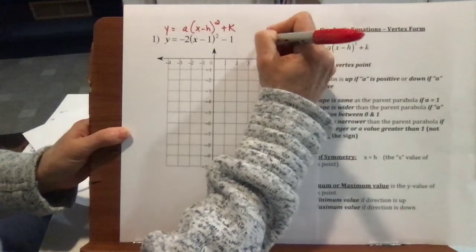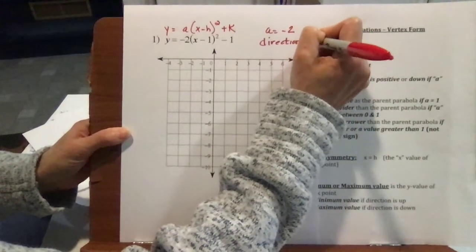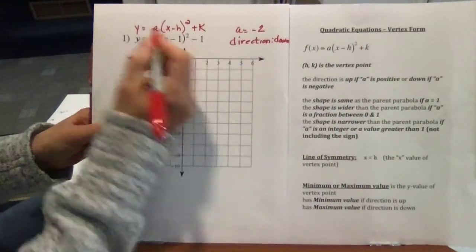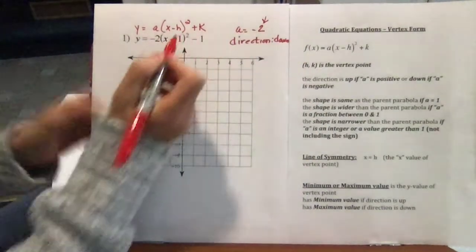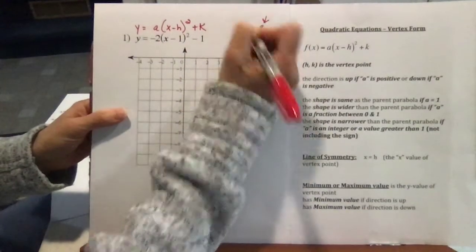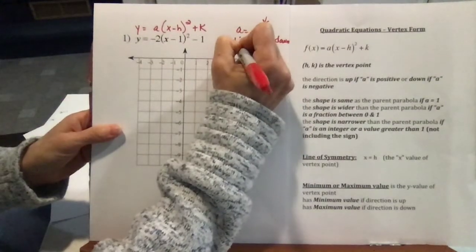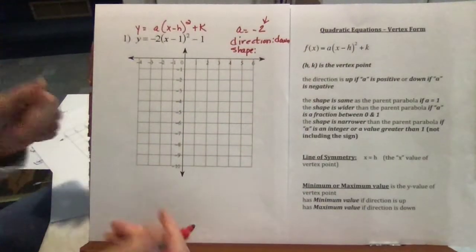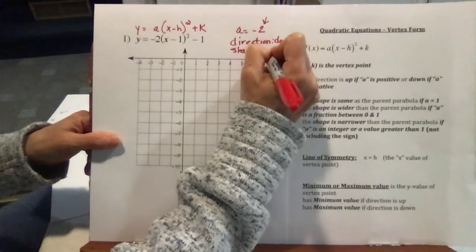That tells us the direction, because it's negative, is down. It's 2 times the squared quantity, so the shape is going to be narrow, because it grows twice as fast as the original parent.